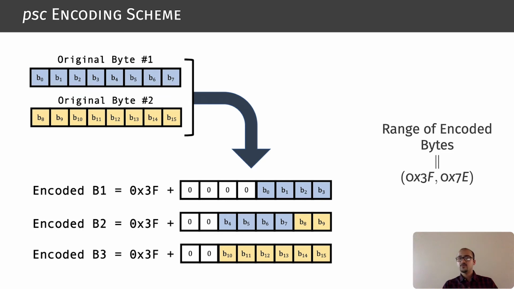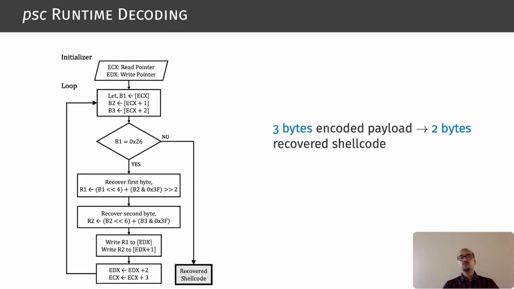To undo this process at runtime, we use our runtime decoder. This runtime decoder essentially reverses this process. So we take 3 bytes of the encoded payload and get back 2 bytes of the original shellcode. We call it the recovered shellcode here, but essentially we are getting back the original shellcode.